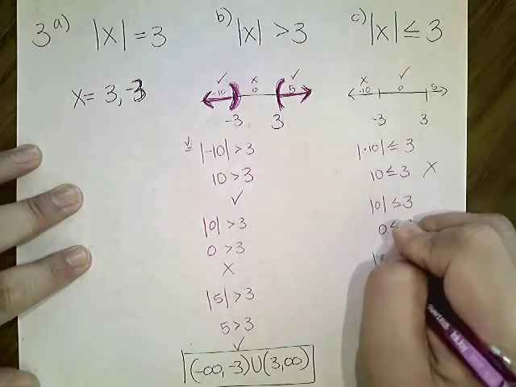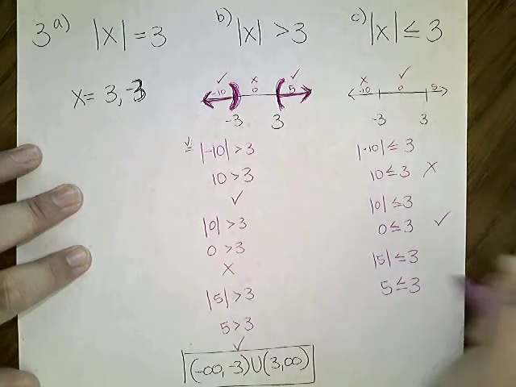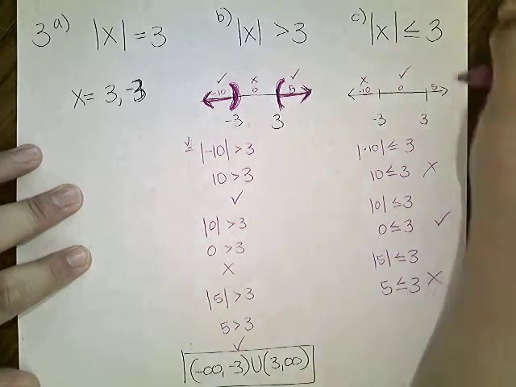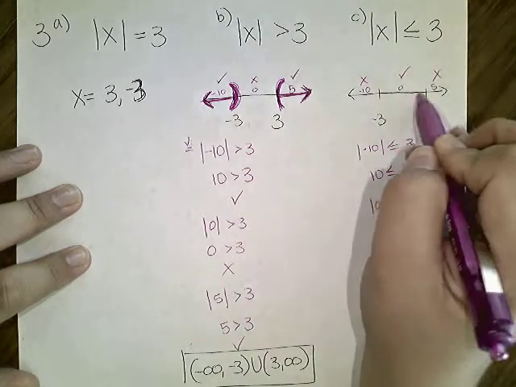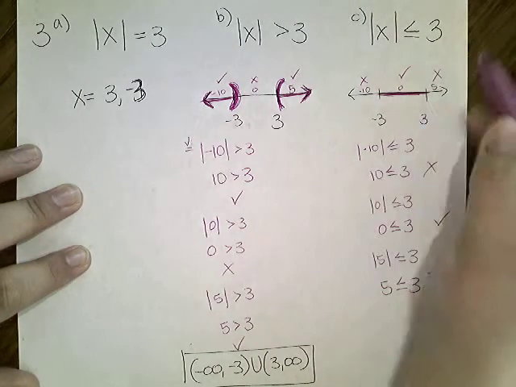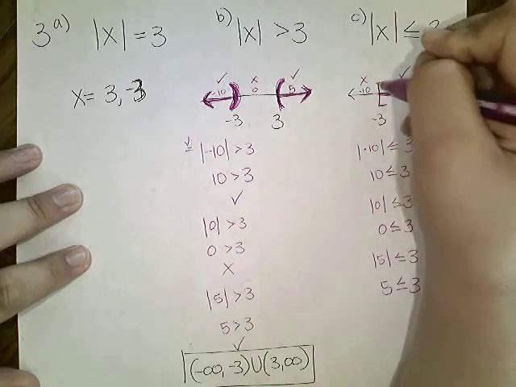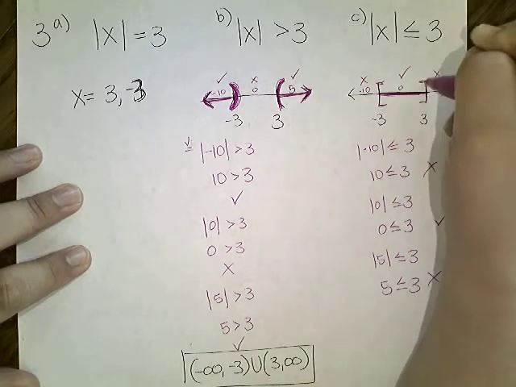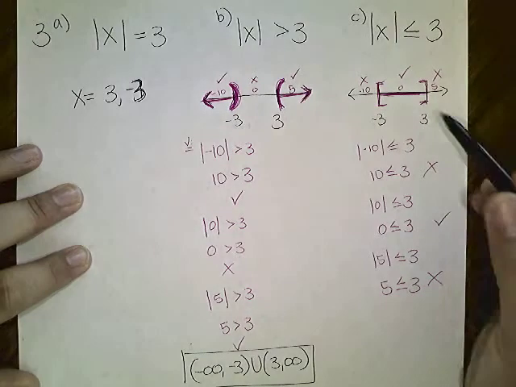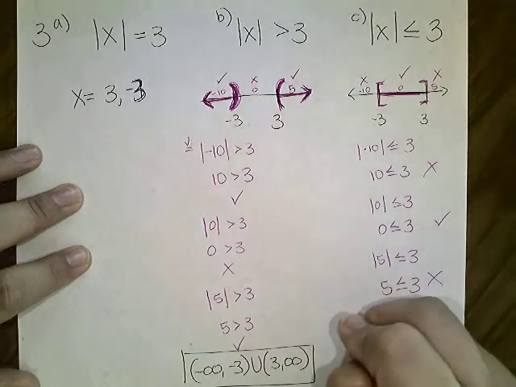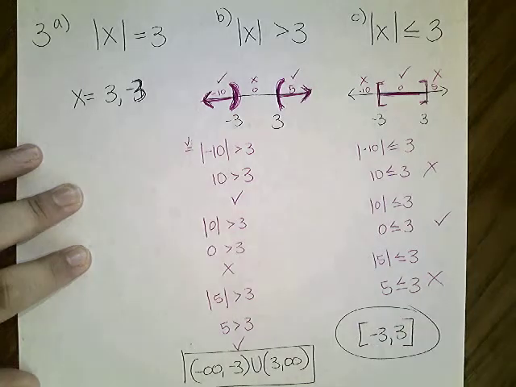And the absolute value of 5 is less than or equal to 3. Is 5 less than or equal to 3? No, that is not either. So here we just have this middle region. That's a solution, and because we have less than or equal to, we have brackets on each end, opening towards the shading. As interval notation, that would be from negative 3 to positive 3.